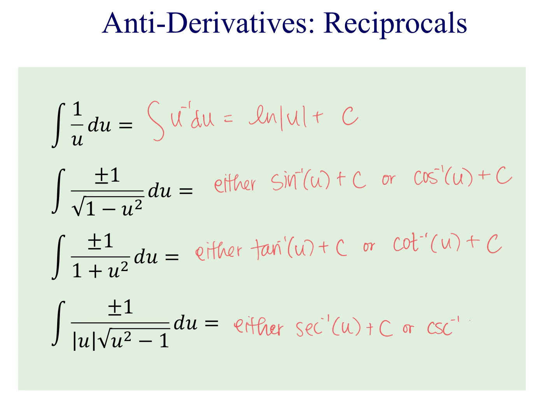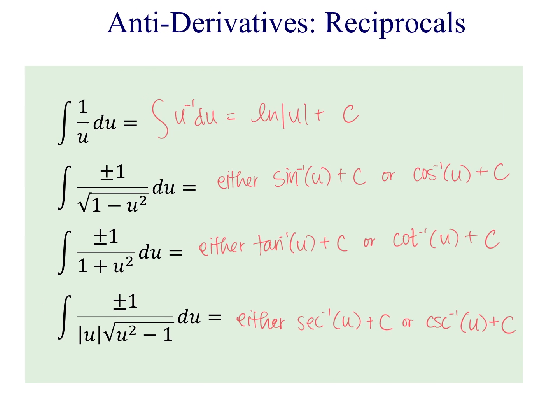A lot of people recognize that one because of the absolute value. The absolute value is kind of a dead giveaway, along with the square root of u squared minus 1. The AB class is just learning these as derivatives for the first time, so they had a quiz on that yesterday. So you should recognize it going the opposite direction.